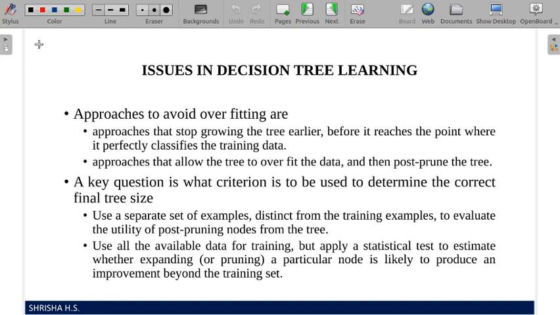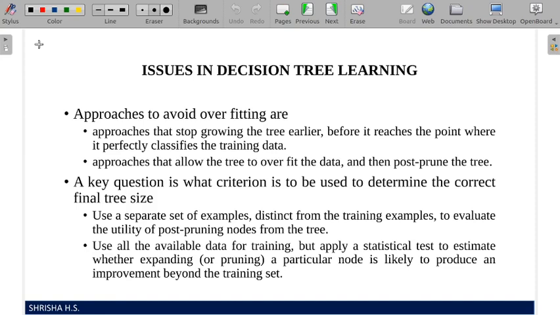That is an 80-20 ratio, or otherwise we can have 50% for training and 50% for testing. Many ways are there. So use all available data for training, don't reserve any instances for testing, but apply a statistical test to estimate whether adding or removing a node is likely to produce an improvement beyond the training set.